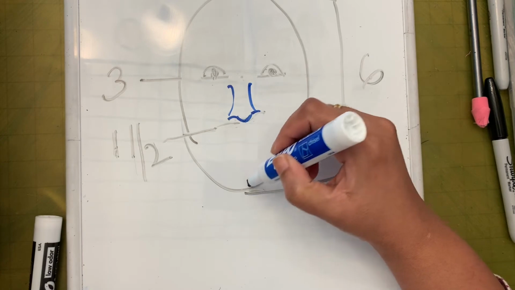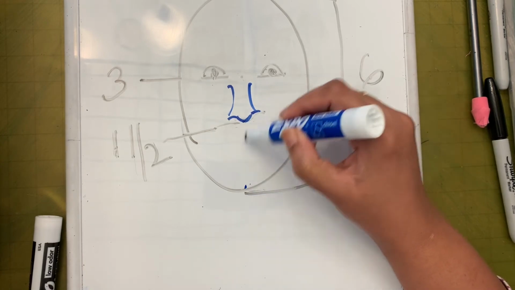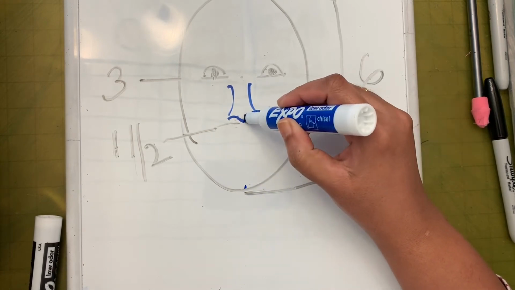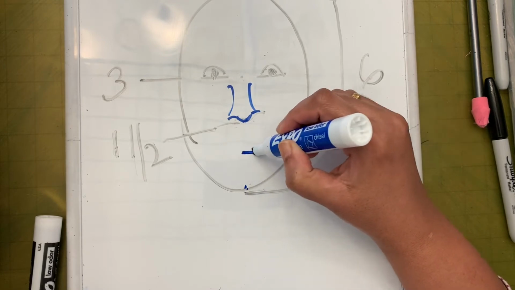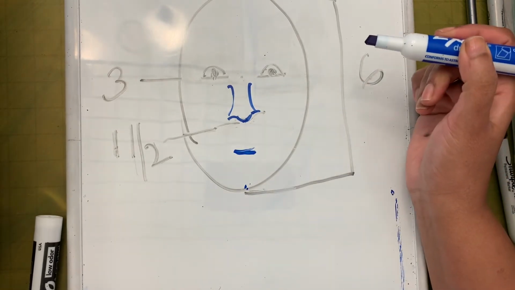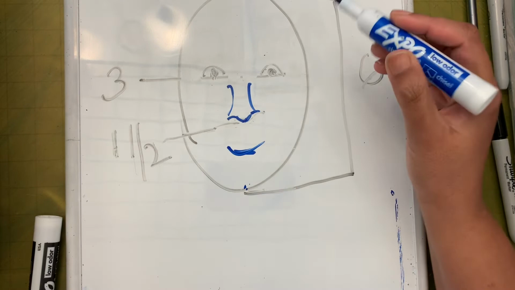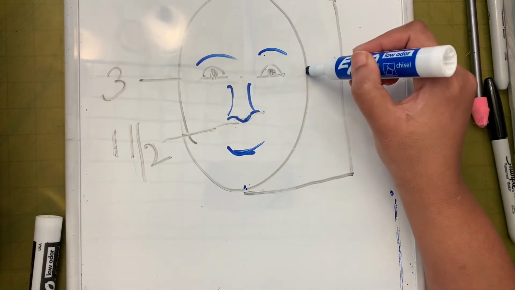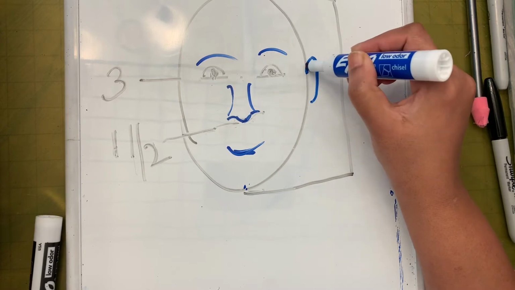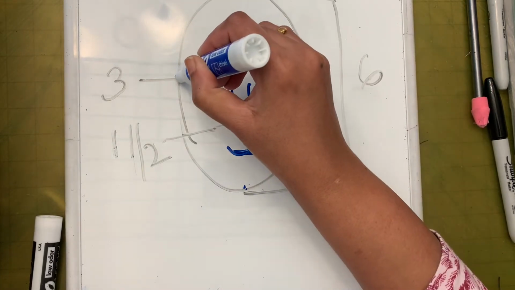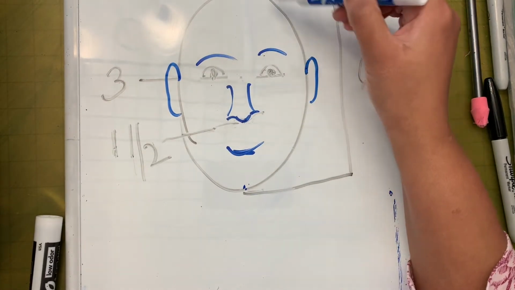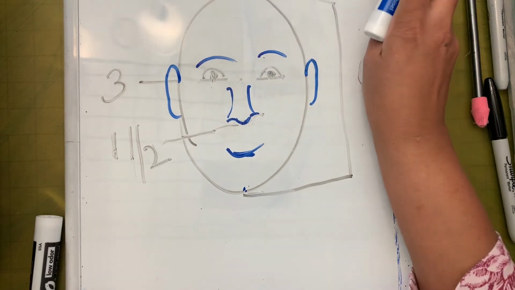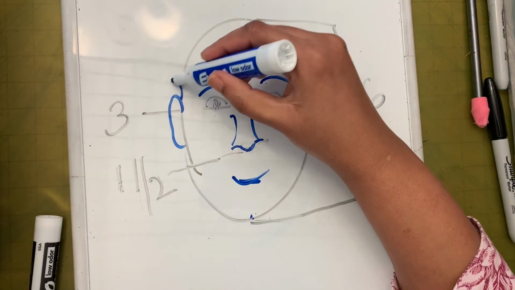The mouth should be in between. From the tip of the nose to the chin, find the middle, and that is where the mouth should go. Here you'll put the eyebrows, and the ears are in line with your eyes. They start here and go down, and then the rest should be the forehead and the hair.